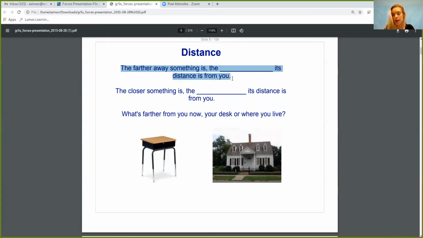Which makes sense, okay? The farther away something is, it's going to be a greater distance. The closer something is, the less its distance is from you. So if it's a shorter distance to you, it's going to be closer to you. So the closer something is, the shorter its distance is from you.